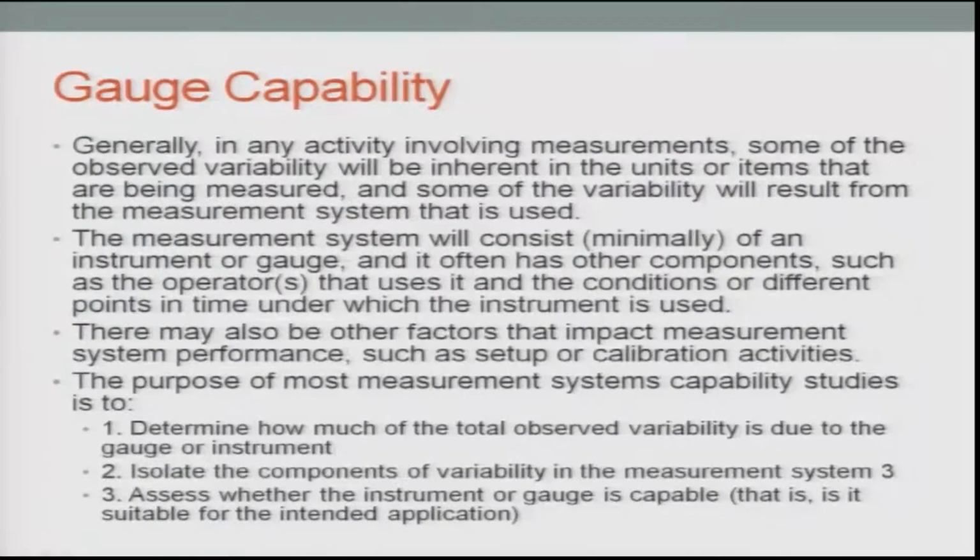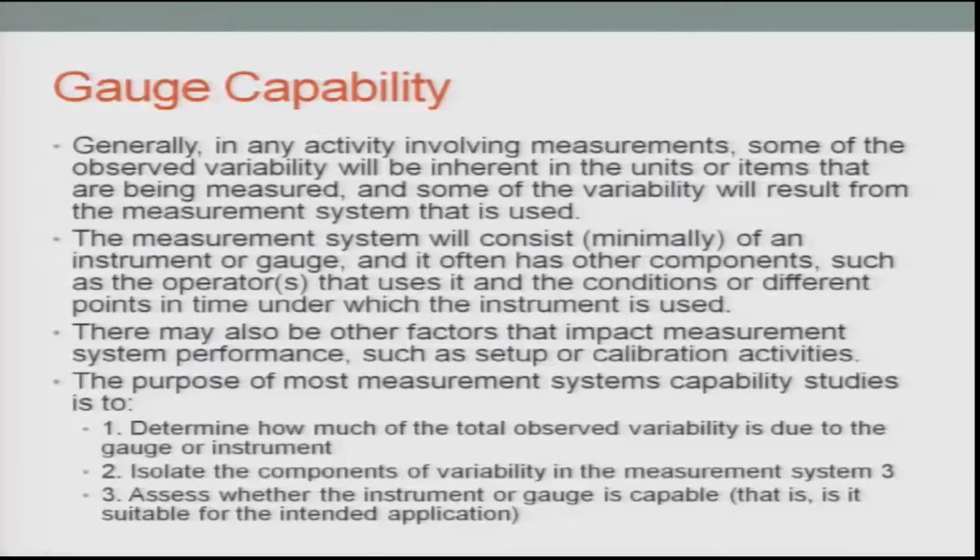Generally, in any activity involving measurement, some of the observed variability will be inherent in the units or items that are being measured, and some of this variability will result from the measurement system that is being used. The measurement system will consist of an instrument or gauge, and often has components such as the operator that uses it and the conditions at different points in time under which the instrument is used.